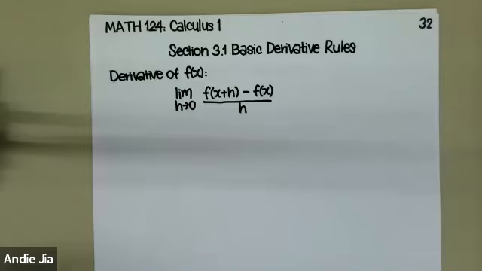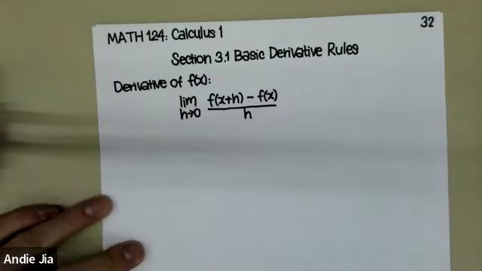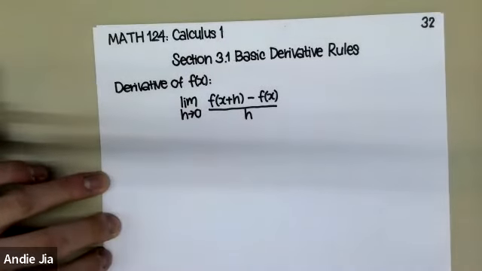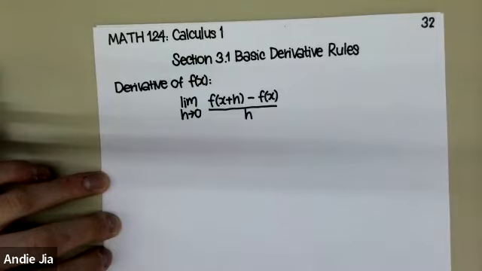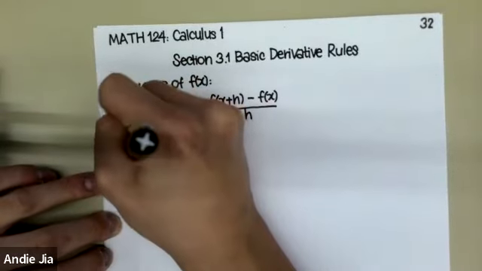And for now, we're getting to some shortcuts to find f prime of x. Introduce some basic rules, and the first rule is the constant rule.